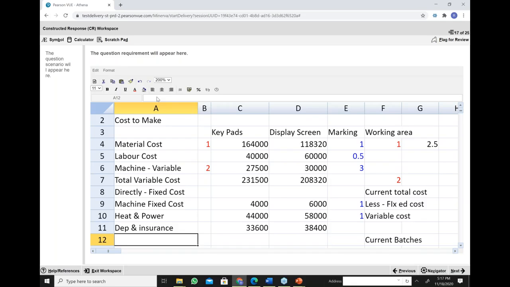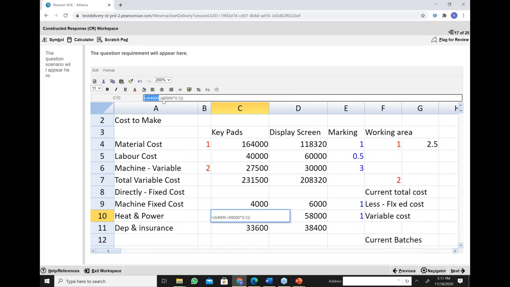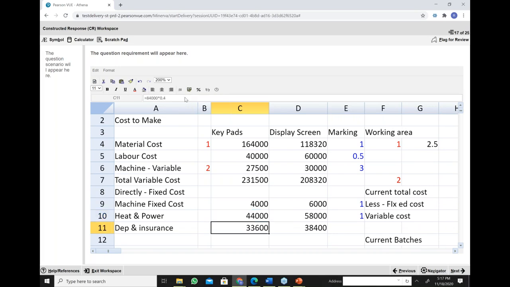Okay, so I hope this is clear to all of you. For heat and power, 64,000 was the cost, which included general overheads based on labor cost. That was 50% of labor cost. So I worked out 50% of labor cost and deducted it from 64 to arrive at 44,000. Okay, Zahra, I hope this is clear.